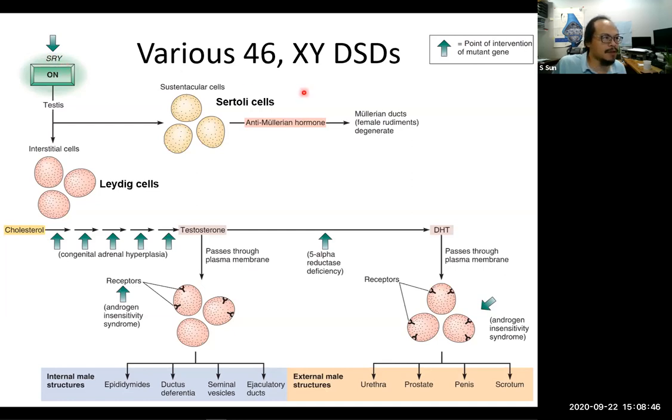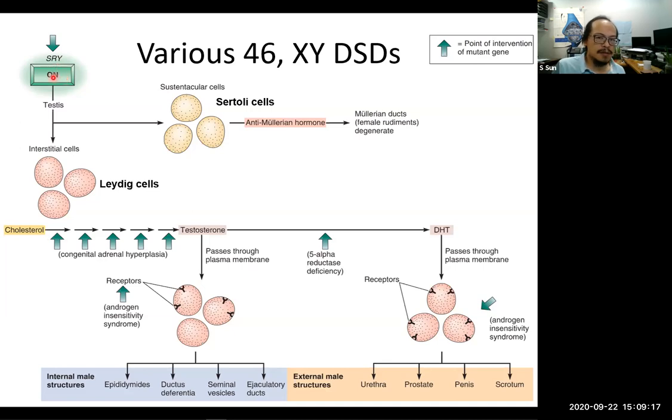So we may have the XY, but the Y doesn't carry the SRY, or the SRY is mutated. So it won't turn on. If this one doesn't turn on, if we don't have the SRY, this XY male will not develop into a male. It will develop into female. It will fail in the very first, in the beginning.